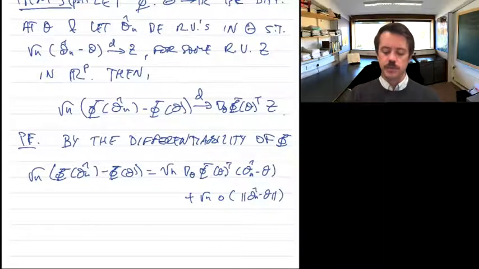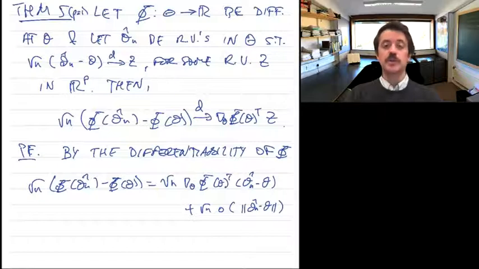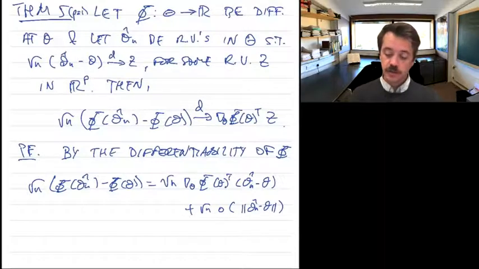By the way, I did state this for one dimension, so those double vertical lines are really just the absolute value, if you like.